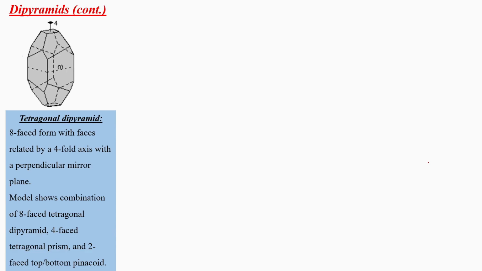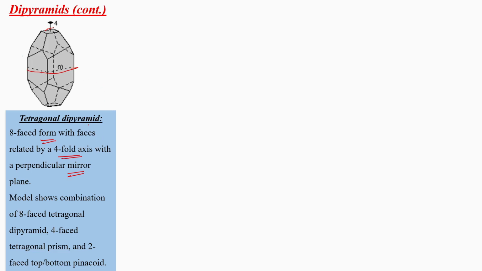In continuation, you can say the tetragonal tripyramidal. Here again it is an eightfold, 8-face form, and here there is a four-fold axis plus a perpendicular mirror plane. So you can see here the four-fold axis, and perpendicular to that there is a mirror plane.